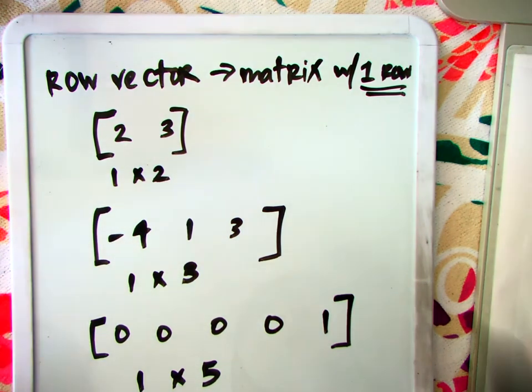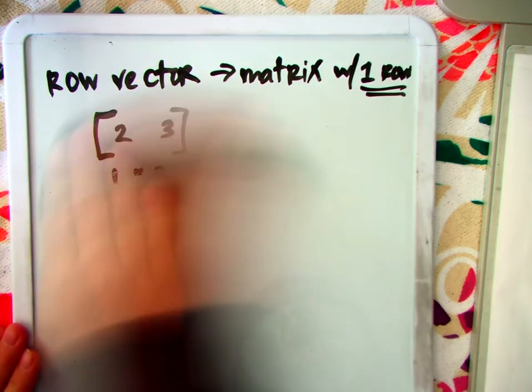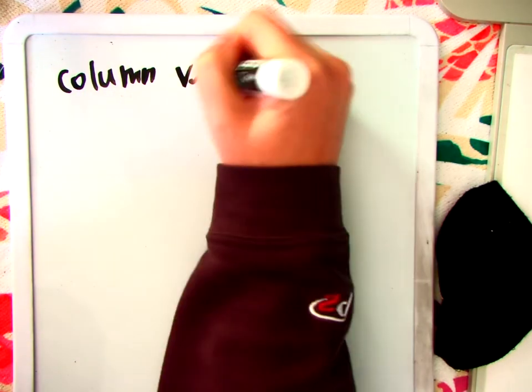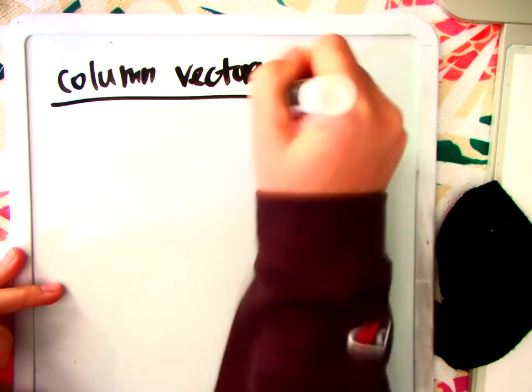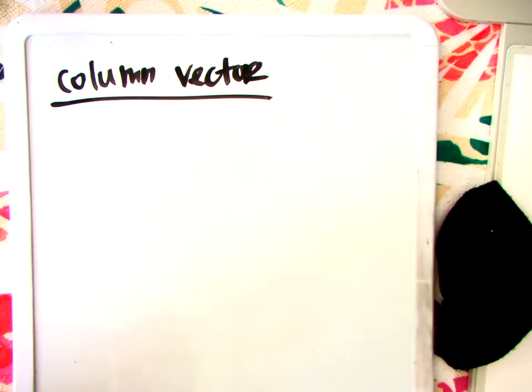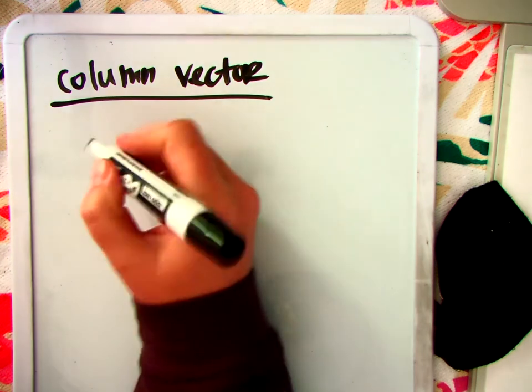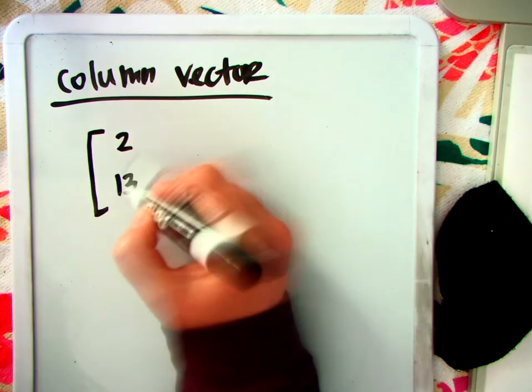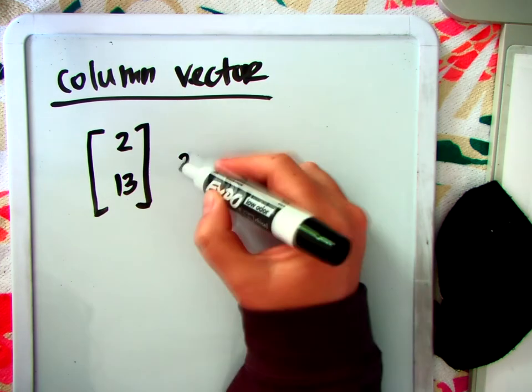Now, there's also something called a column vector. So what do you think a column vector is going to be? We follow our last definition. It's now just going to be a matrix with a single column. So here are some examples. This is a 2 by 1.